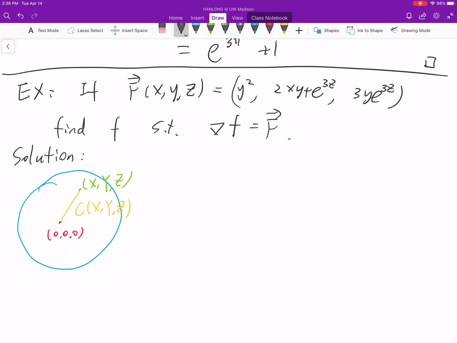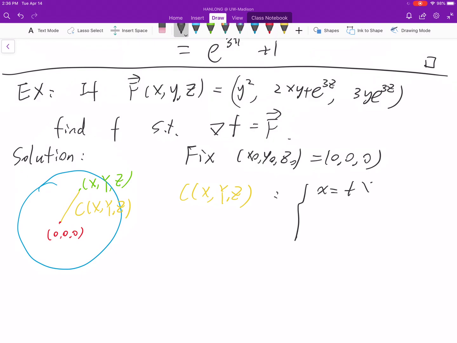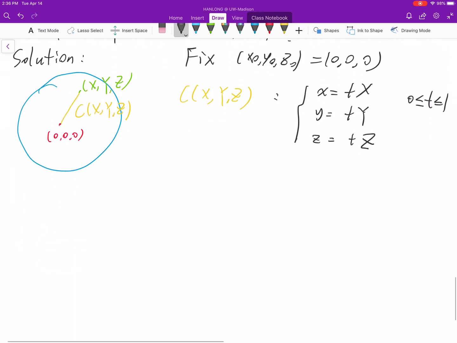So next, fix x0, y0, z0 to be 0, 0, 0, and curve C_XYZ is parameterized by x equals tX, y equals tY, z equals tZ, where t is between 0 and 1.